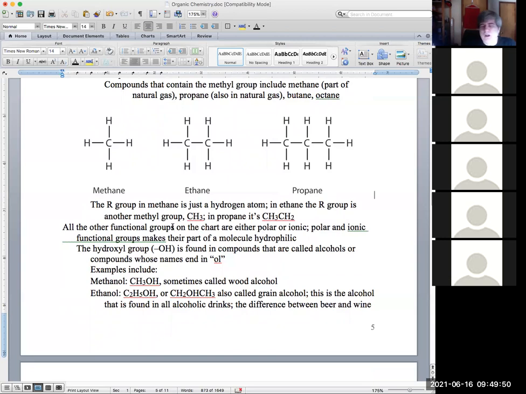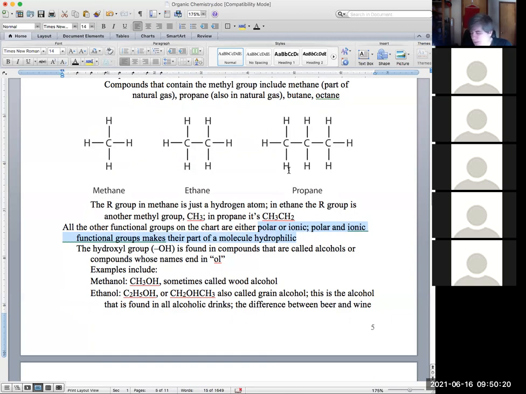So we said all the other functional groups are polar or ionic, and polar and ionic things make the part of the molecule where they're found hydrophilic. They make it mix with water. Notice if we have something where we just have a methane group, or just carbon and hydrogen in general, that part of the molecule will be hydrophobic. It won't mix with water very well.